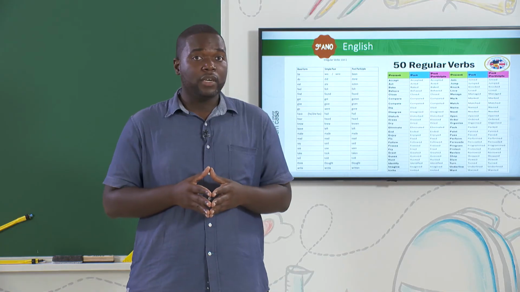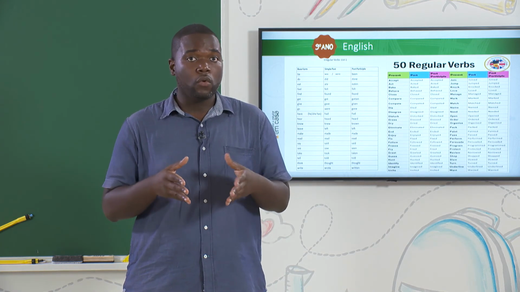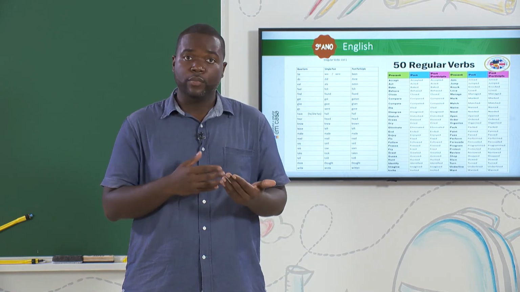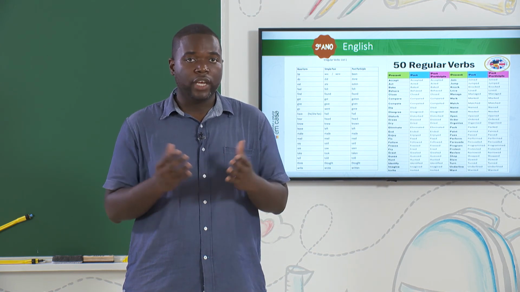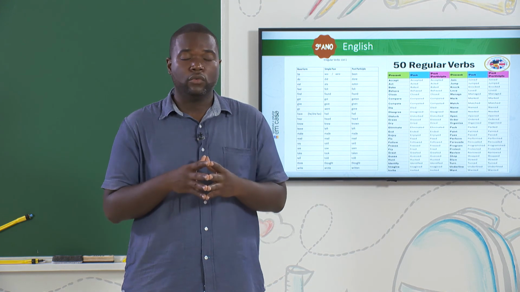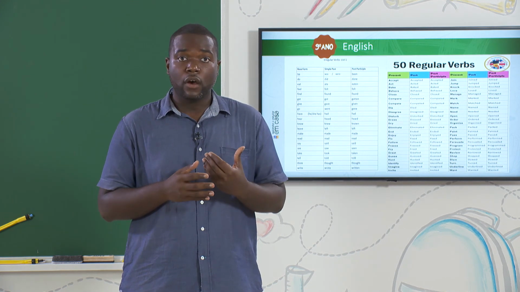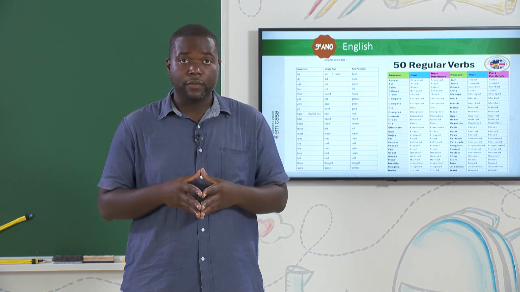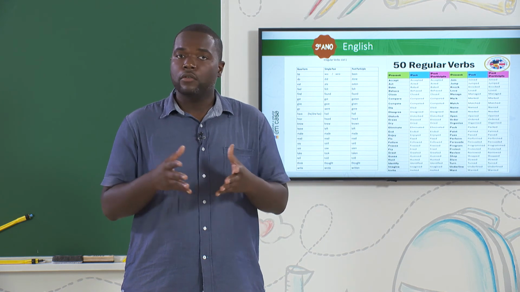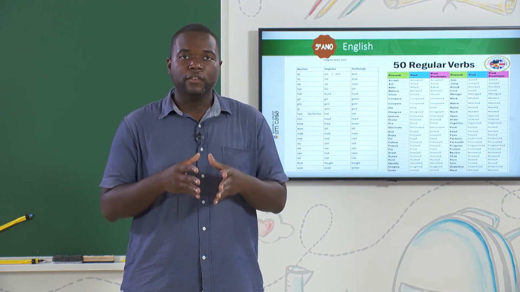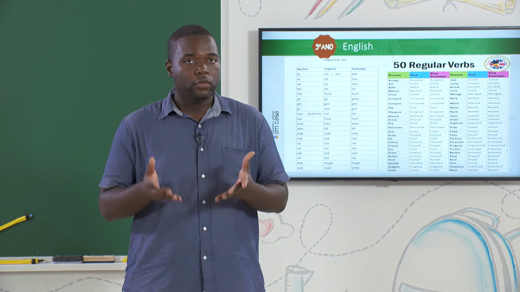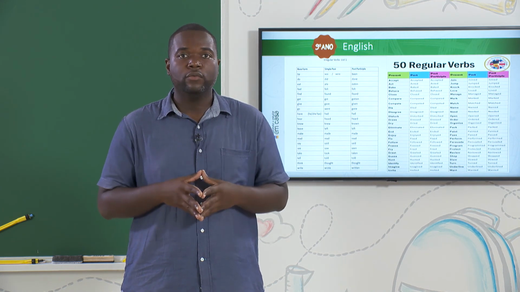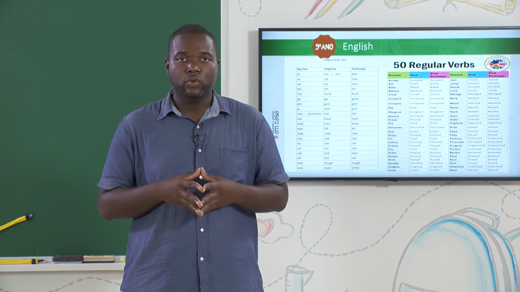Now, students, remember that you need to know how the verbs are going to be conjugated in the past participle if you want to change the verbs from the active into the passive. So the list of verbs can help you do that. And it's very easy. Research on Google, list of regular or list of irregular verbs. You will find those lists, and they will be able to help you do your homework.